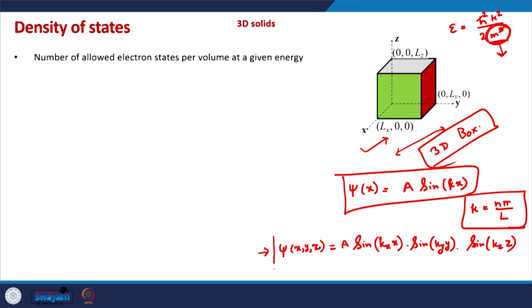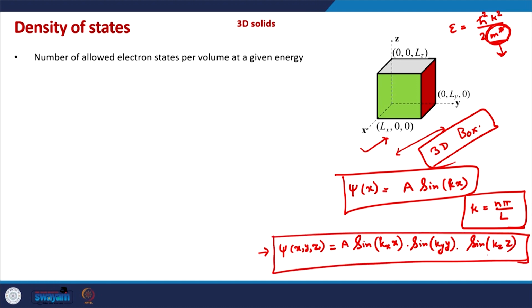This is the electronic wave function in a 3D box when the electron is confined entirely in the 3D box, where kx is nx pi by lx, ky is ny pi by ly, and kz is nz pi by lz, where nx, ny and nz can be any integers from the set of integers.